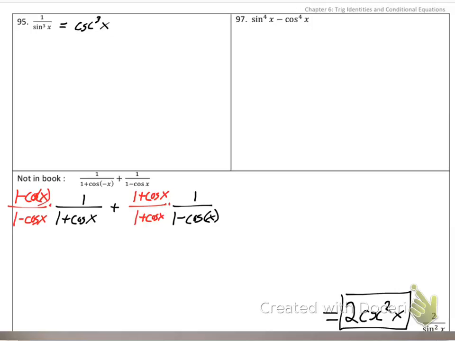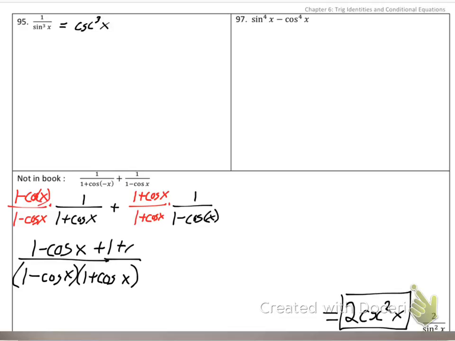So that's just going to equal 1 minus cosine x over that 1 minus cosine x times 1 plus cosine x. And in fact, let's shortcut this really quick, so I'd have 1 plus cosine x when I push it together. And then it's just eliminating these.